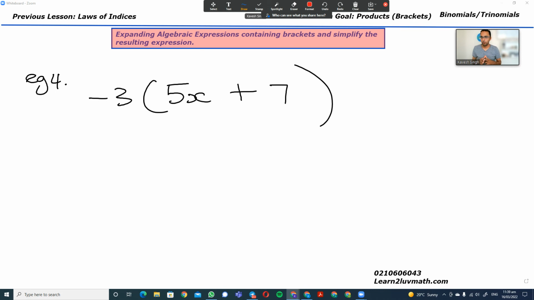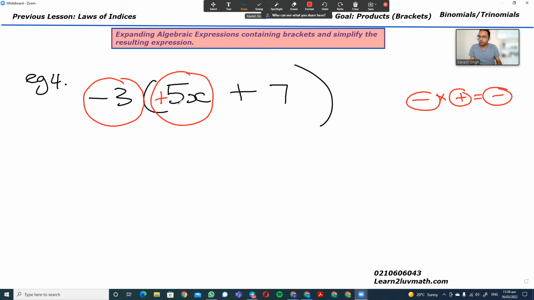All right, example 4. I've got now a negative number in front of the bracket multiplying into the bracket. I've got negative 3. Remember, the negative belongs to the 3. I'm going to multiply it by positive 5, and a negative times a positive gets me a negative. So negative 3 is going to multiply by positive 5x first, then it's going to multiply by positive 7.